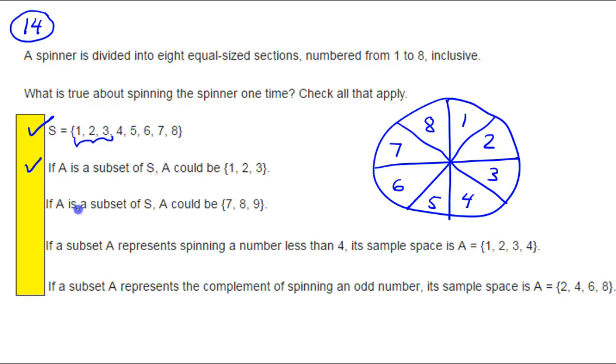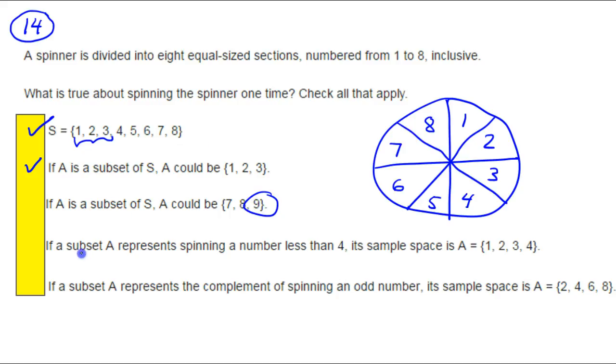Okay, if A is a subset of S, A could be 7, 8, and 9. Nope. 9 is not part of S. So you can't have a subset that has an extra number in it that's not in the original set.